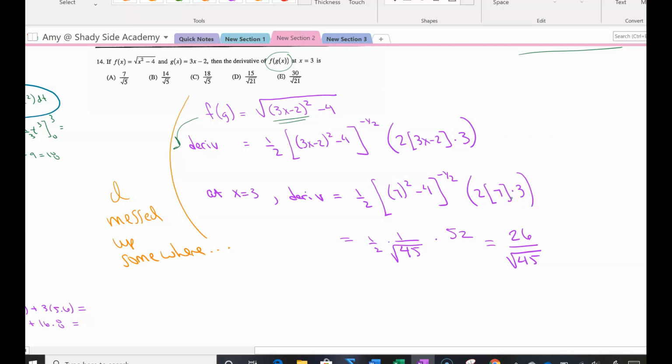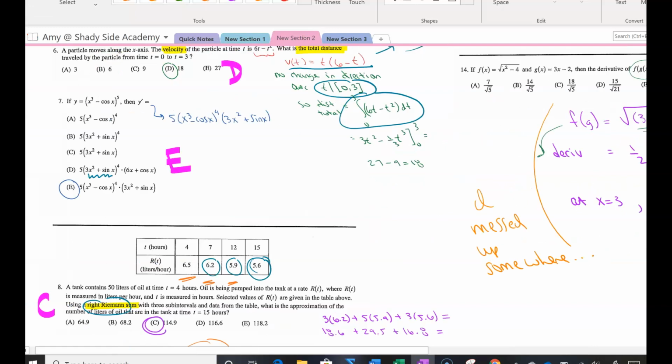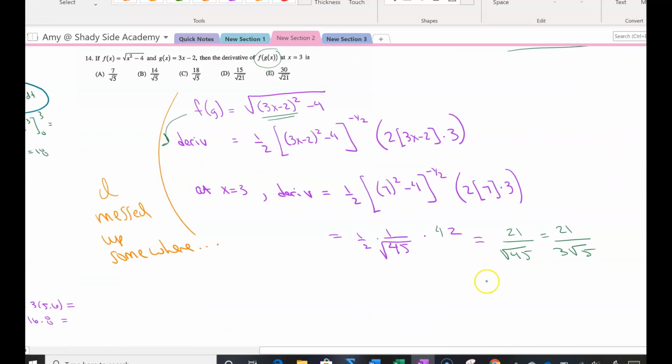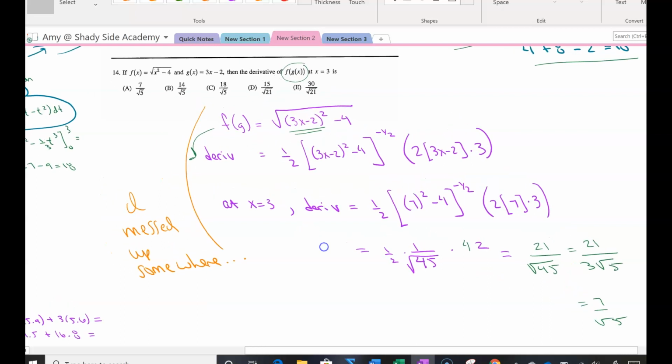Oh, there it is. Yeah, 42. So this should be 42 over root 45, or 21 over root 45. I guarantee the answer is going to require simplification of the radicand. This just equals 7 over root 5. And let's see, where's that? A, there it is.